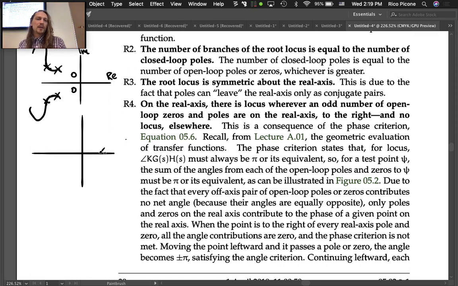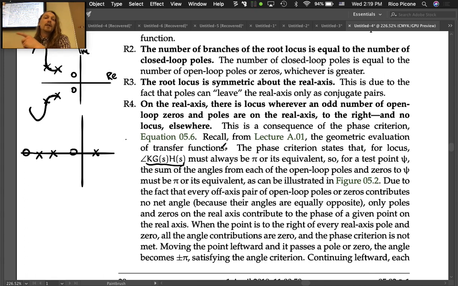So I'm just going to put a bunch of poles and zeros. I'm randomly deciding pole and zero here. It doesn't really matter which ones they are for this rule. Okay, so they're all on the real axis. And remember from the phase criterion, that the angle of the composite transfer function KGH must be pi or its equivalent, when evaluated at a test point, for that test point to be on the root locus.